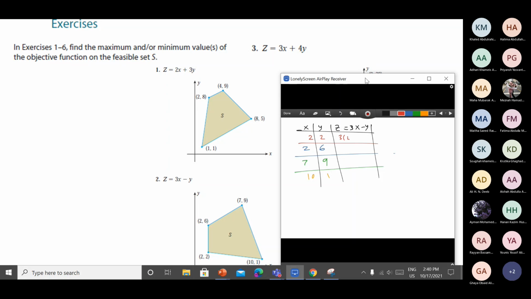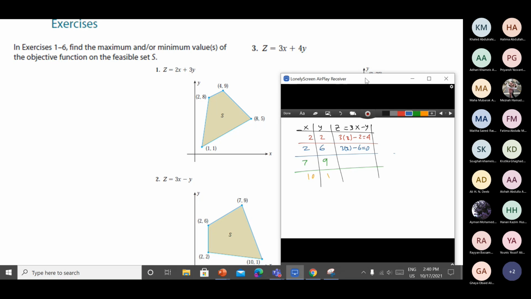In the first one, 3 times X, which is 2, minus Y, which is 2, so I have 4. Now the second point, Z equals 3 times 2, minus 6, so I have 0.